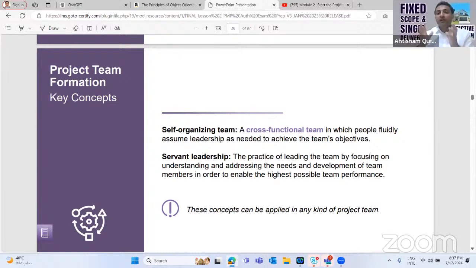So don't always assume that servant leader means that the leader will take up all the tasks and do them, and the team will be doing nothing. Let's take an example. If you are struggling with your laptop or computer at work, it's okay that your scrum master will help you get to know who in the organization can help you set up this PC or solve the network issue.